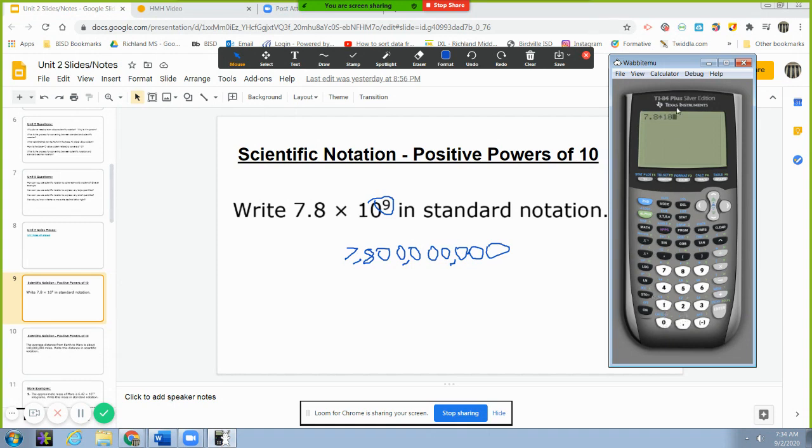Now, we need to get the exponent up here. So you're going to hit this little hat button, and you can put in a 9. Enter. And there's your number. 1, 2, 3, 4, 5, 6, 7, 8, 9. 9 digits. So also you can check it in the calculator as well.